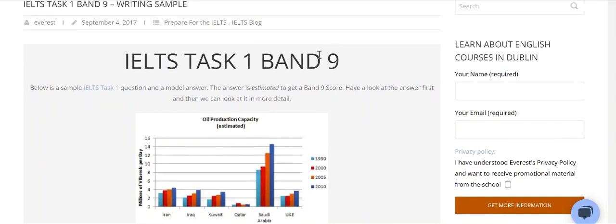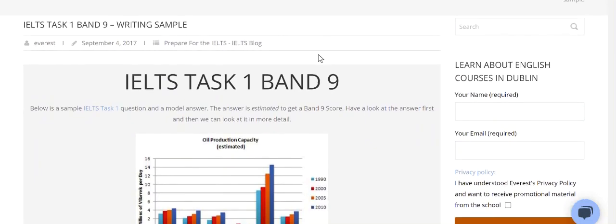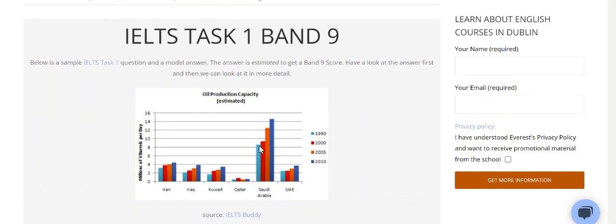Let's talk a little bit about writing task 1. In writing task 1 you will get something like a bar chart, a graph, a map, or a table like this one, and you have to illustrate it and talk about it in 150 words.